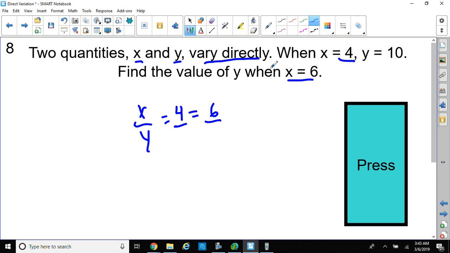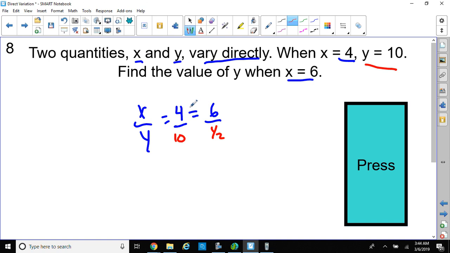And then we have to find y when x is 4, y is 10, so 4 over 10, that was our first fraction. We want to find the value of y, that'll be our second y, so I put a subscript there, and x is equal to 6, so this was our second x.